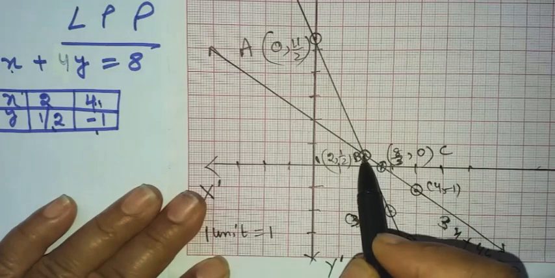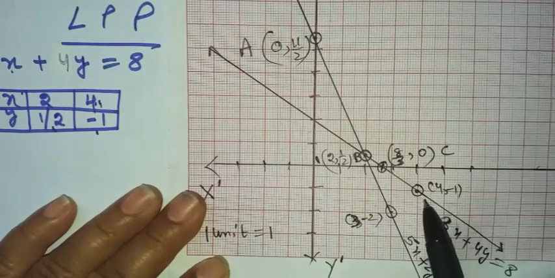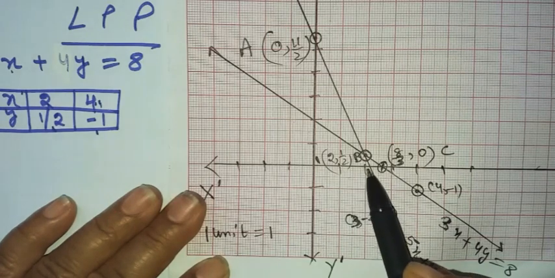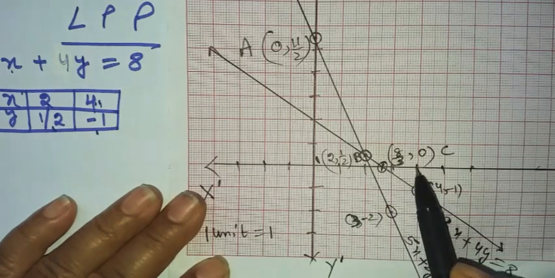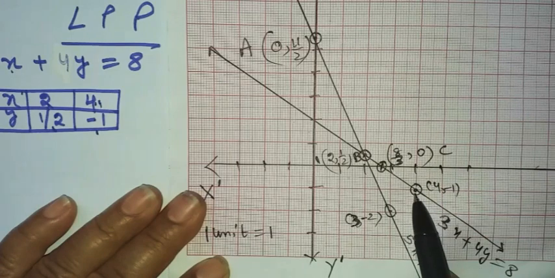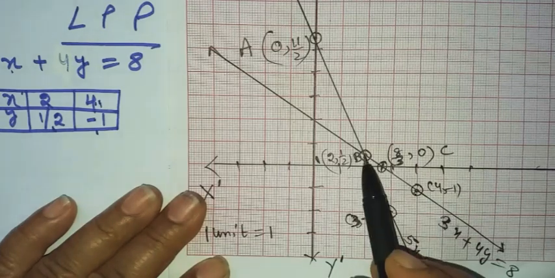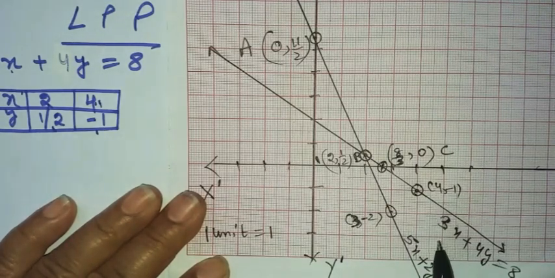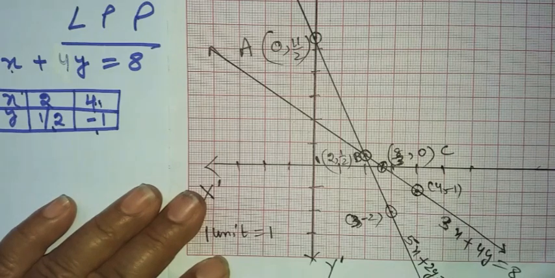So, this is the point 2, 1 by 2, and then I plotted the point 4, minus 1. So, x axis 1 2 3 4 and minus 1, so downwards, and I got the point 4, minus 1. So, I joined this point and this point and I extended, and I got the line 3x plus 4y equal to 8.